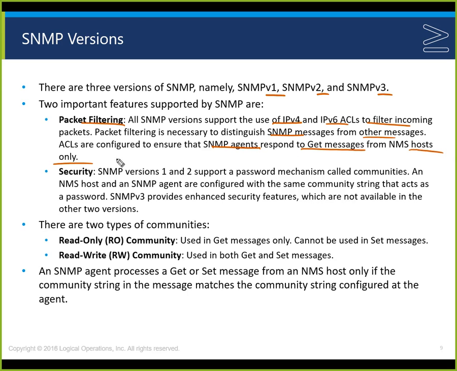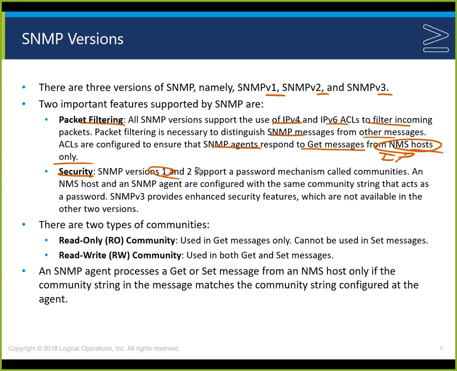So we can set up a filter for SNMP that only allows a specific IP from the NMS host, and that's going to be from an IP address, which is going to mean the source IP address. We can use either a standard or an extended access control list.